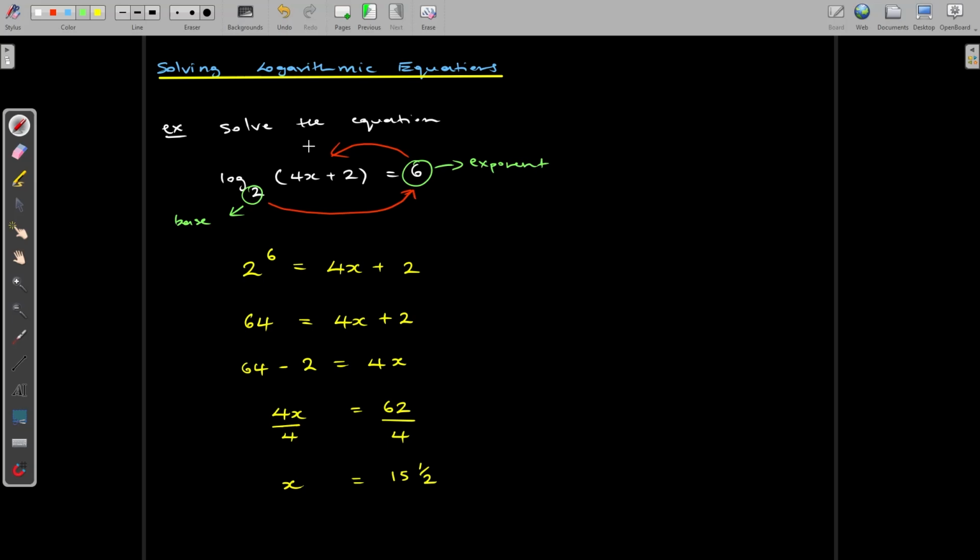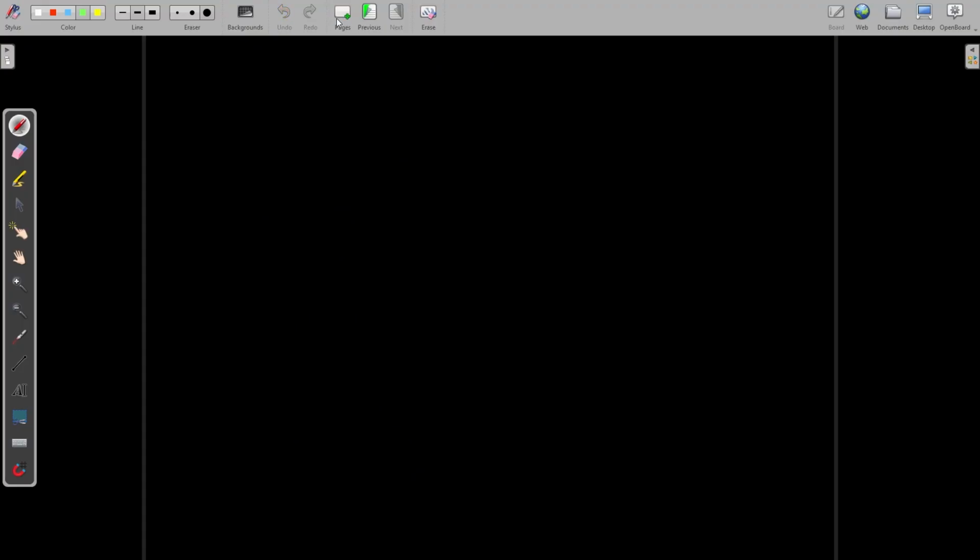And all of this in the bracket is just the number. So the base raised to the exponent, so 2 raised to the 6, is equal to all of the number. Okay, sir. And then we just simplify, get our answer. Let's try another example. And sometimes these can end up as quadratics.